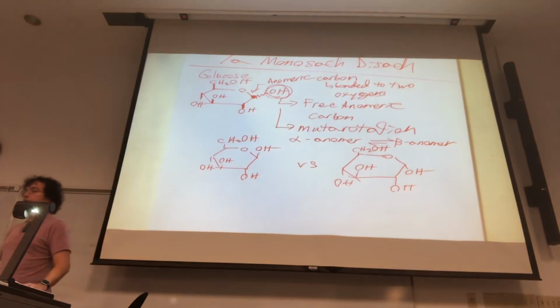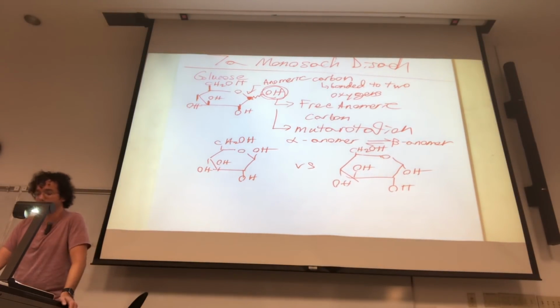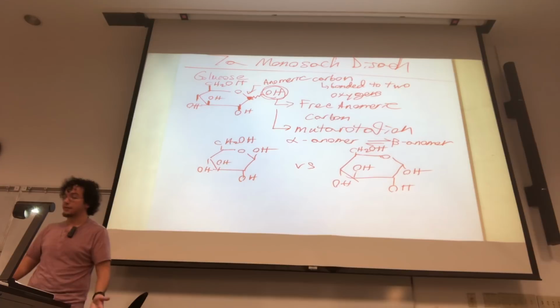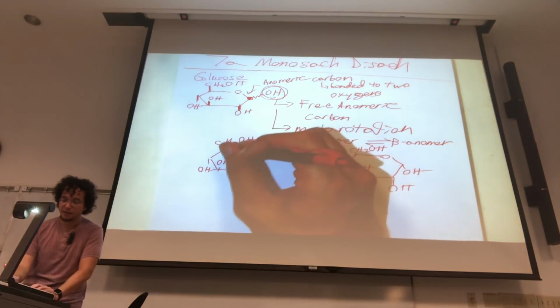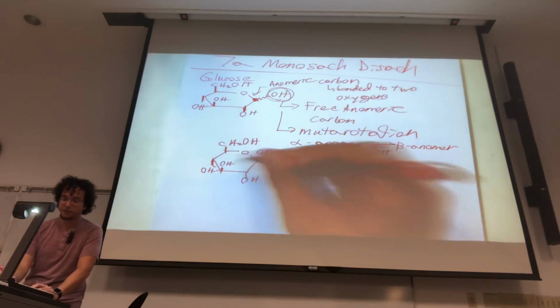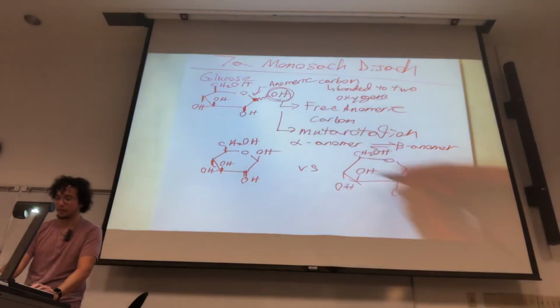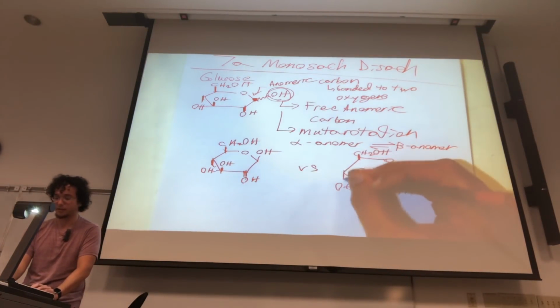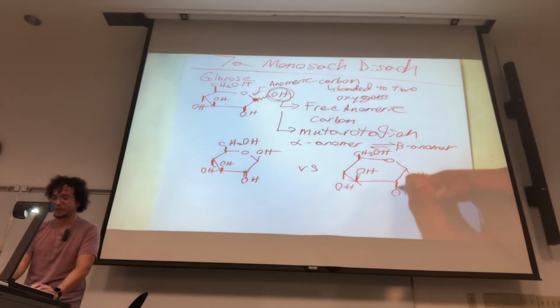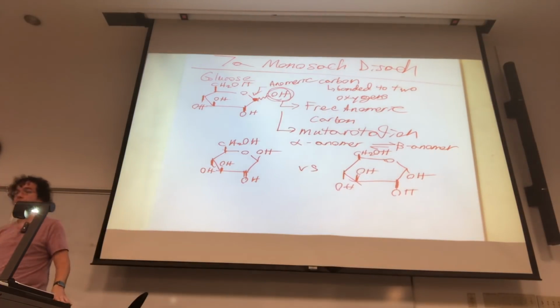Okay, so I've drawn both possible anomers of glucose. We can check that this is still glucose because these functional groups here are alternating positions. Up, down, up, down. Same thing over here. Up, down, down. So it is still glucose.